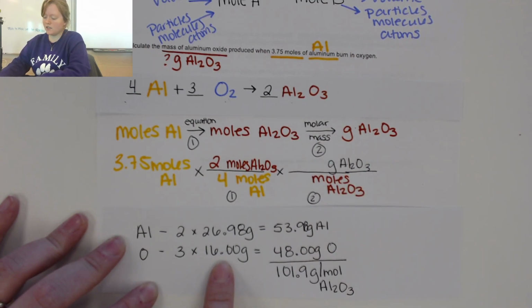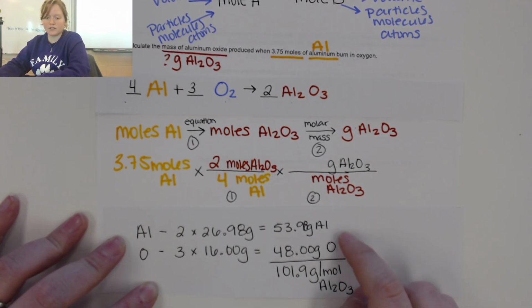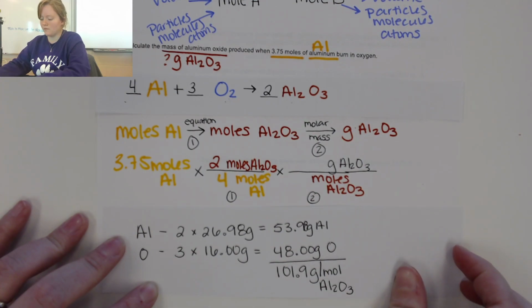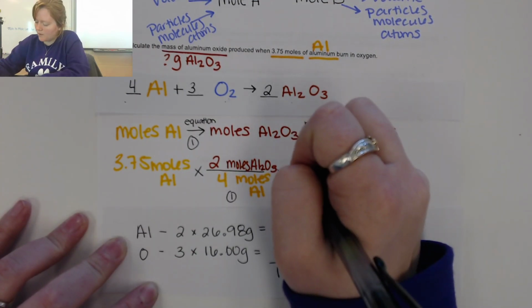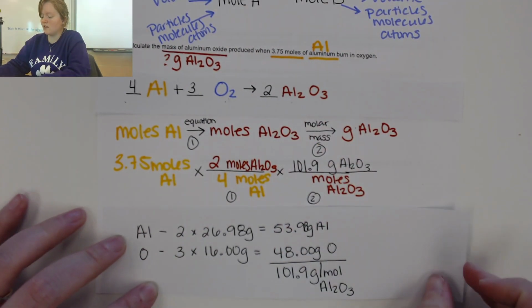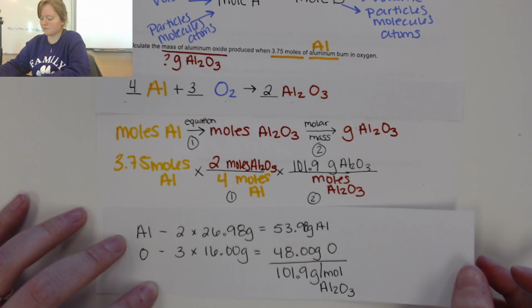Multiply by 16 gives us 48 grams of oxygen. We add all these together, and our total molar mass for aluminum oxide is 101.9 grams per mole. Okay, so we know we can plug that in up here, 101.9 grams of aluminum oxide.